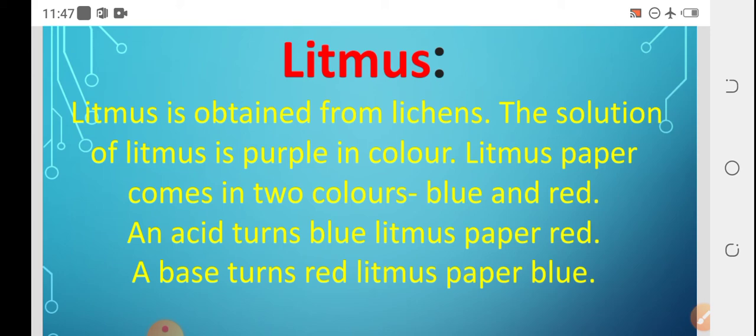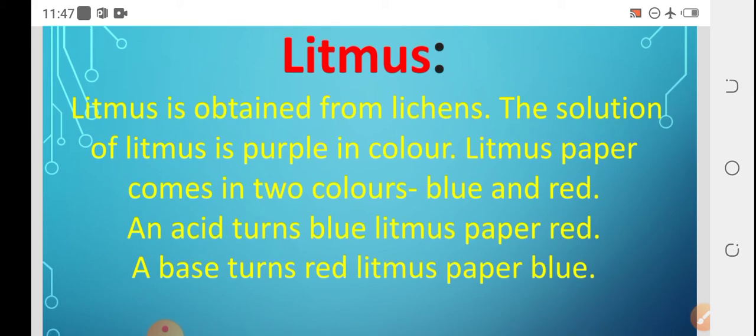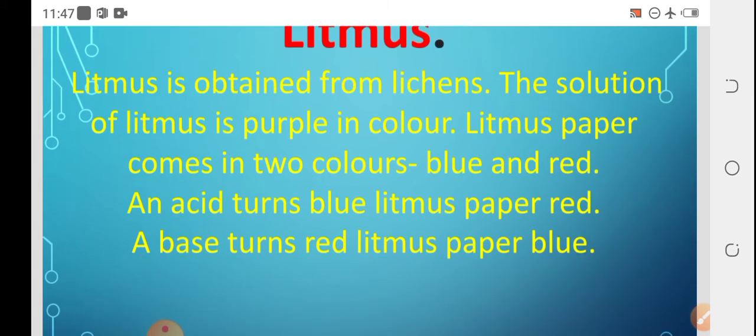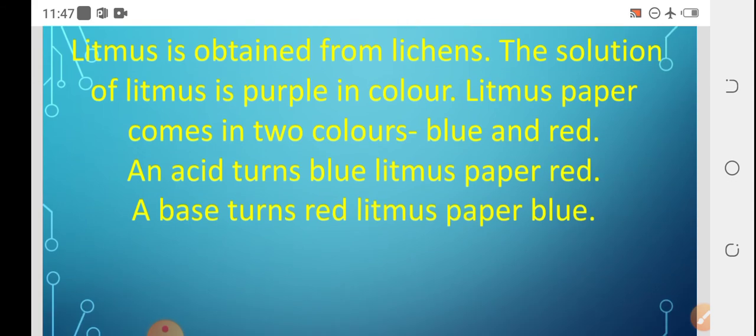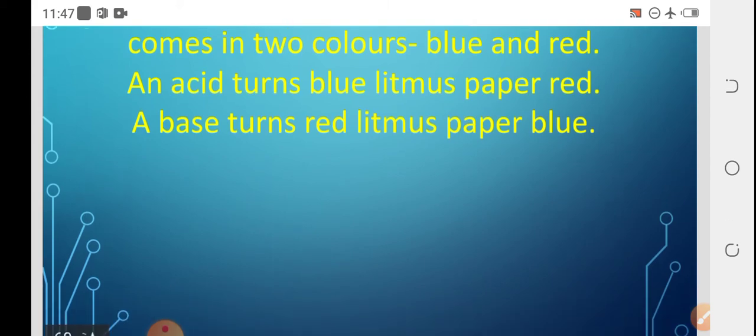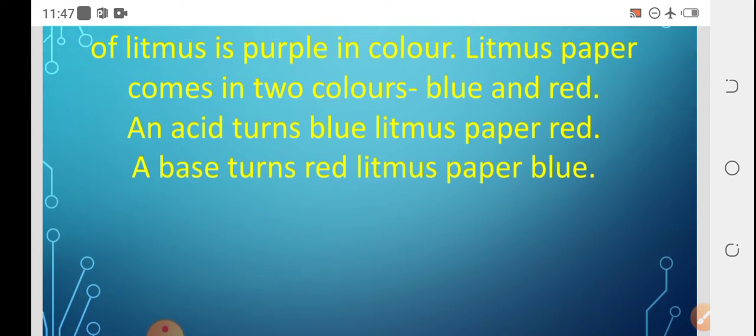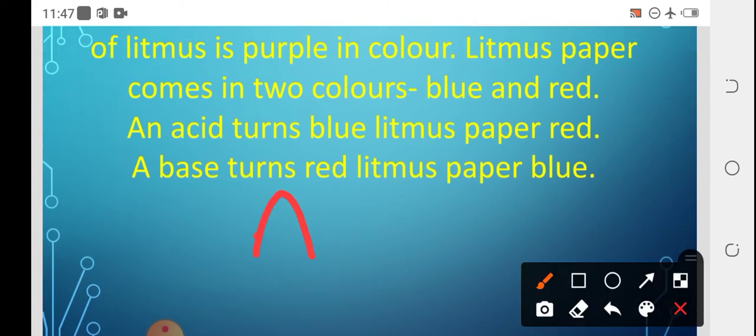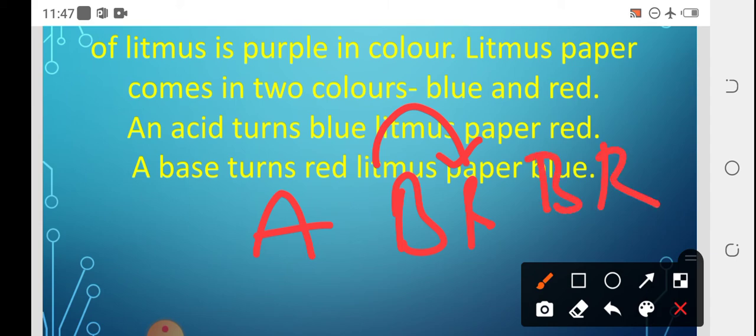If you put red litmus paper in a solution and it changes to blue, then it is called a base. Remember ABR, BRB, a simple logic. For acid: blue changes to red. For base: red changes to blue. That's it.